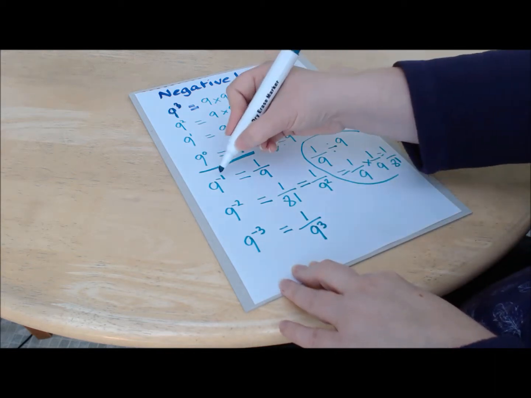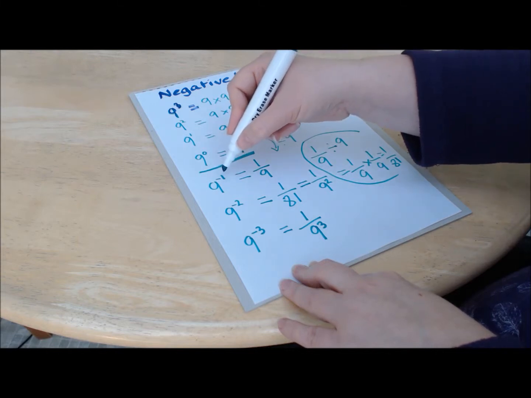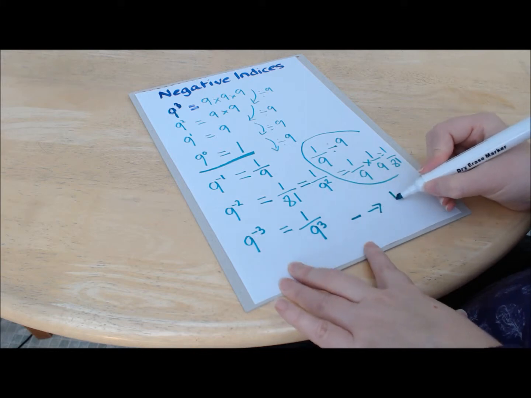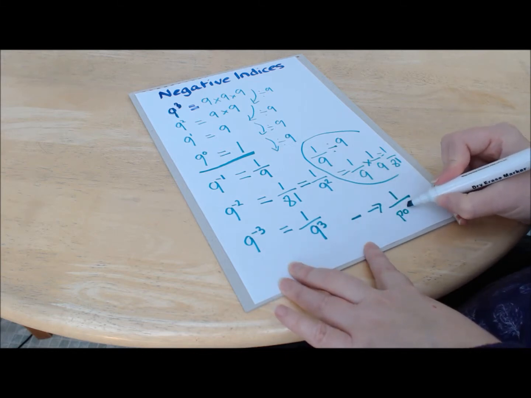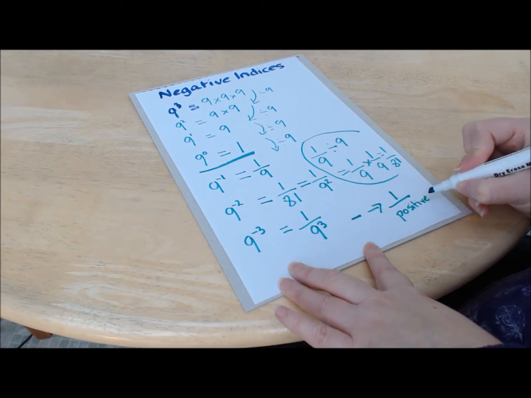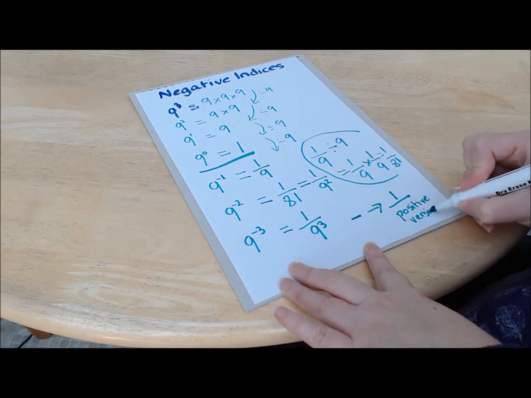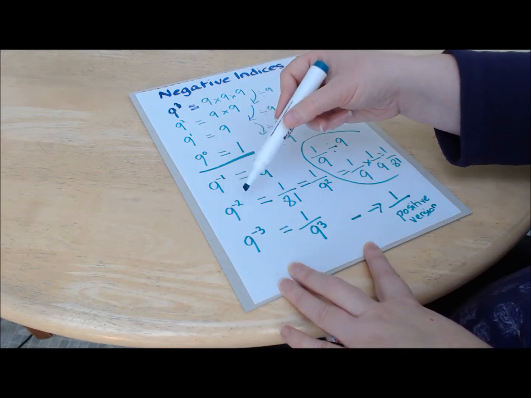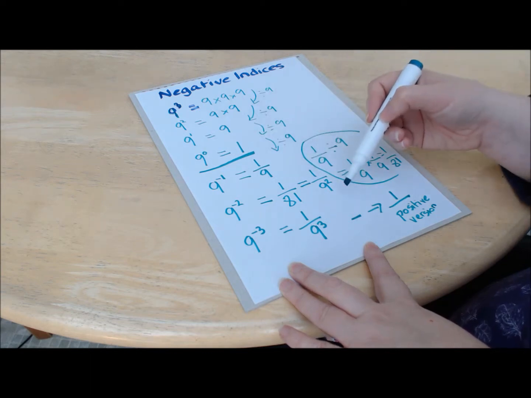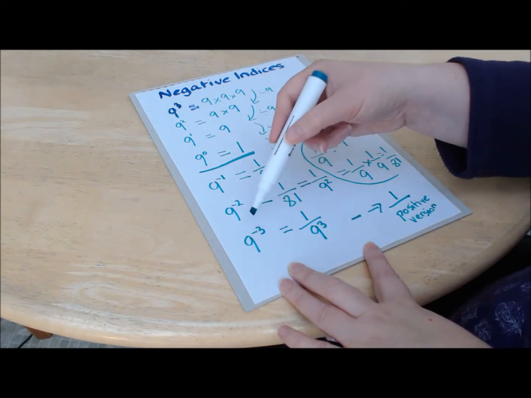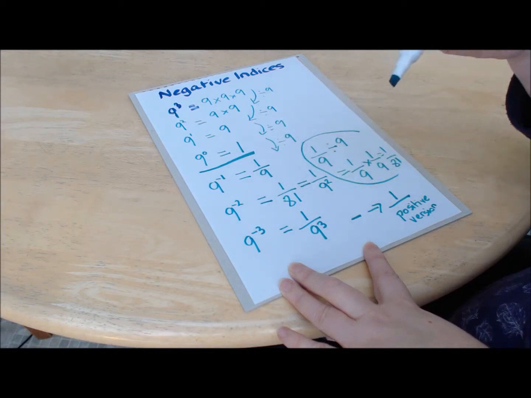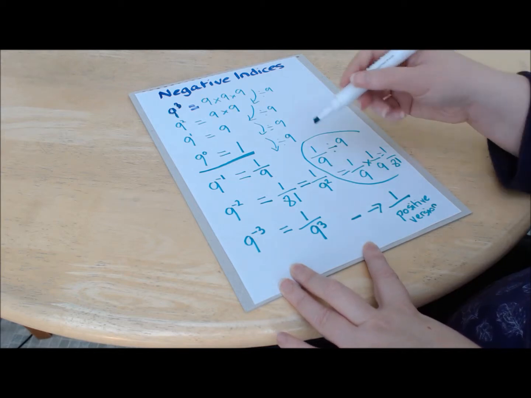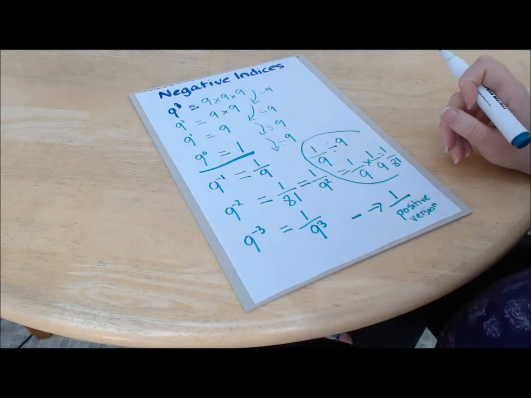Each time, the effect of the negative is that it leads us to 1 over the positive version. So 9 to the power of minus 2 is 1 over 9 squared, and 9 to the power of minus 3 is 1 over 9 to the power of 3. So that's what your negatives mean when they're in indices.